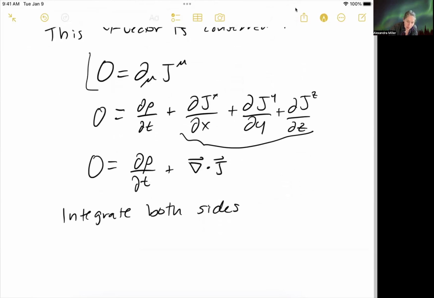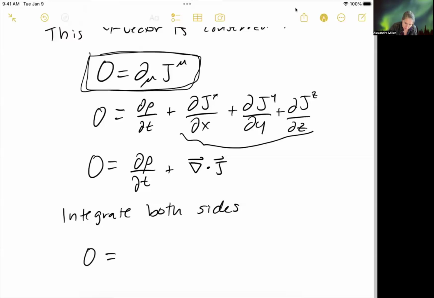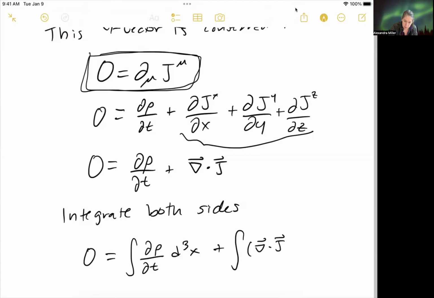I've declared that this thing that I'm boxing above tells us that J should be thought of as a conserved current. And I want to better understand that. And so we're going to manipulate this equation a little bit. So if we integrate both sides, then, okay, 0 integrated is still just 0. And I've just separated my terms into two separate integrals.